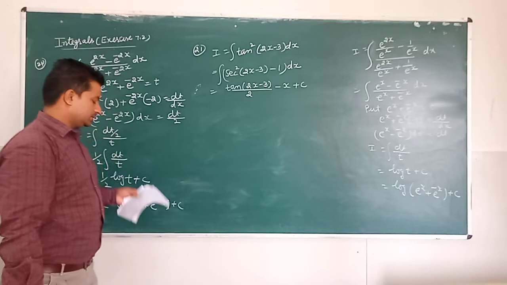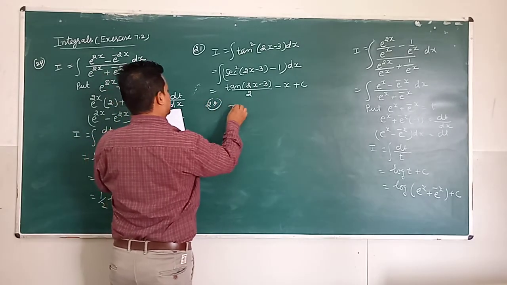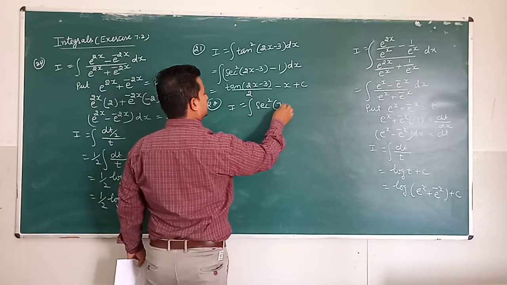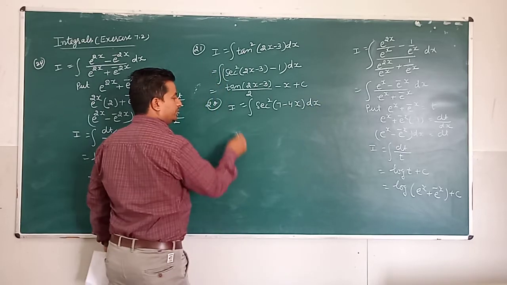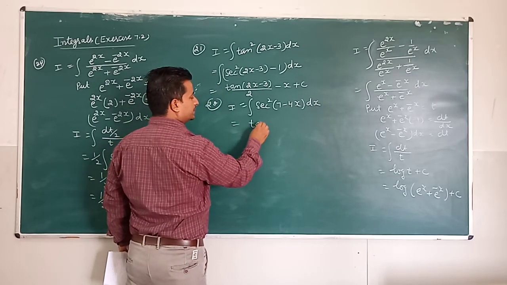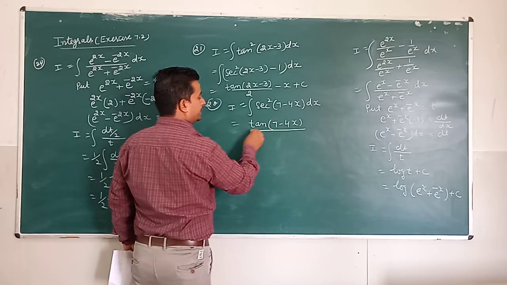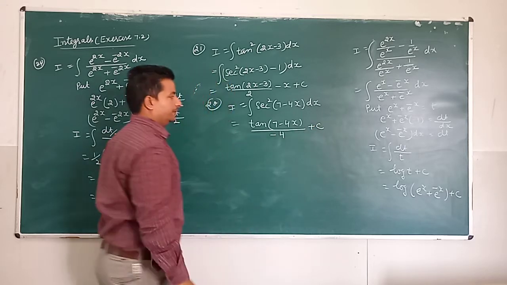This is the answer of question number 21. In question number 22, the statement is secant square of 7 minus 4x. As we know, the integral of secant square is tan divided by the derivative of its angle. So this is the integral.